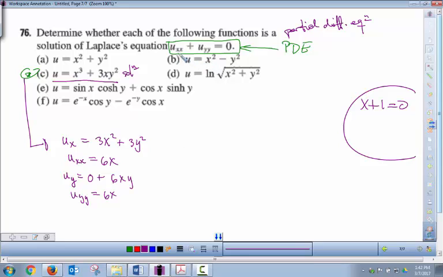So now the question is, if we plug u sub xx and u sub yy into this equation, are we going to get 0? 6x plus 6x equal to 0. And the answer is no. So this is not a solution to the partial differential equation.